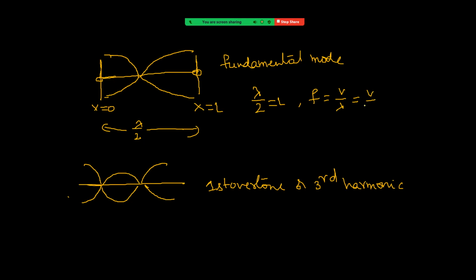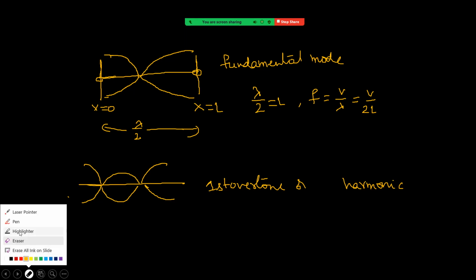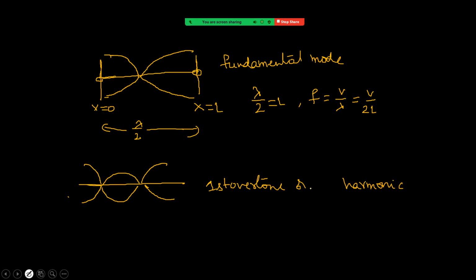So this is now V by 2L, right? Sorry, this is not third harmonic. Just a minute. Let me correct this one. This is the second harmonic, okay? Yes, first overtone or second harmonic.